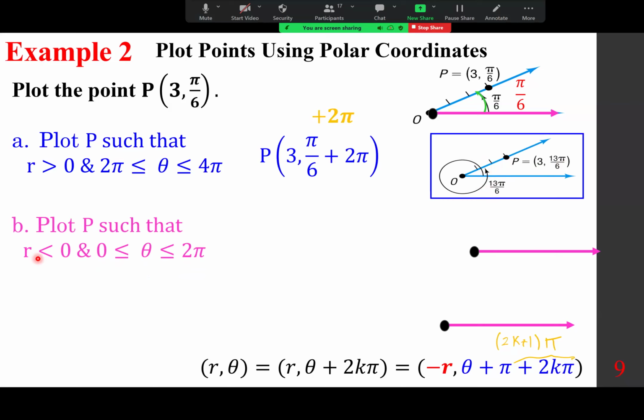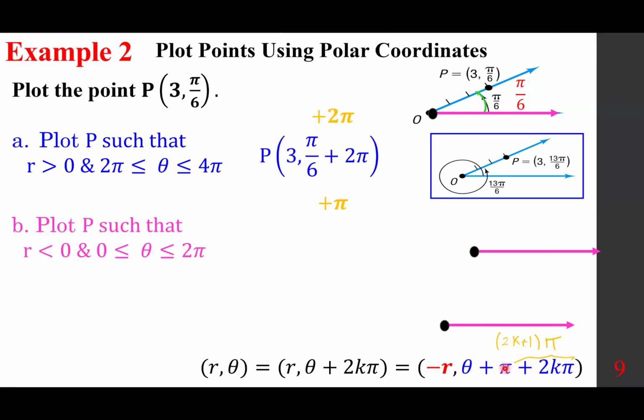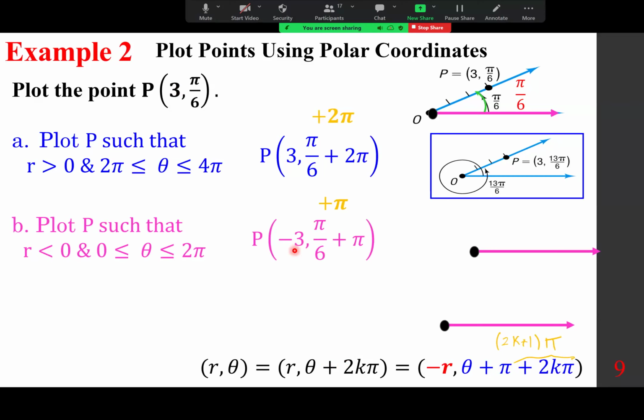This time we want to make r negative. So we want 3 to become negative. That means negative 3. However, we want it to stay within the first revolution. That means all you have to do is add π. Just add π. It's very straightforward. So change this to a negative, and to this angle, add π.